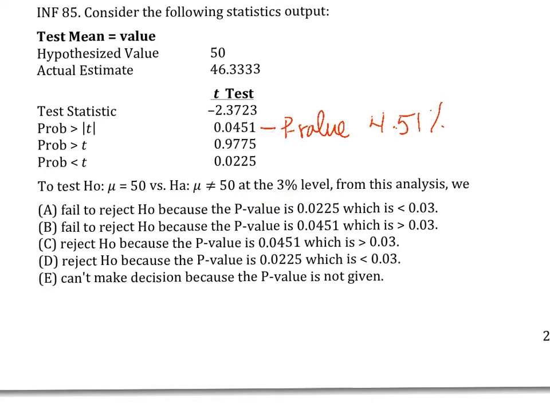So that means this needs to be less than 3%, and it's not. So that makes it fail to reject, right? So we're going to fail to reject H0 because the p-value, 0.0451, is not smaller than or equal to 3%. It's actually bigger. So we pick B.